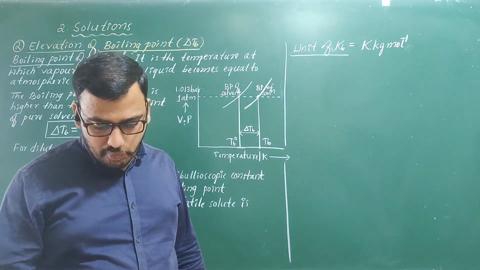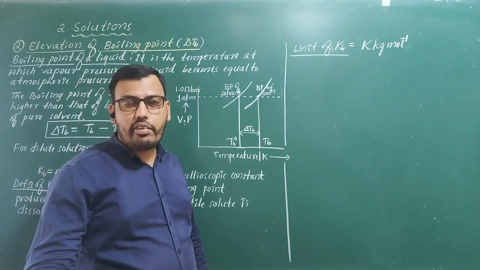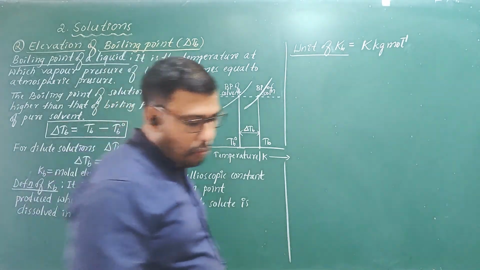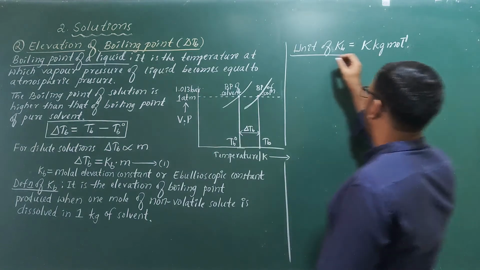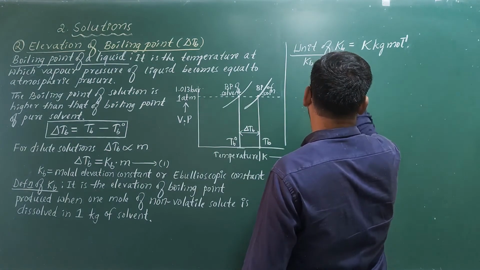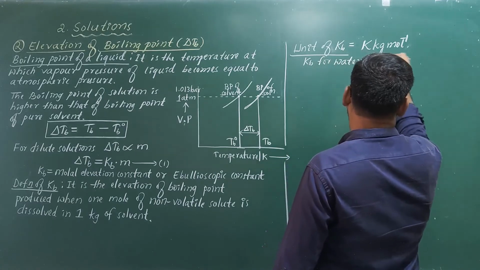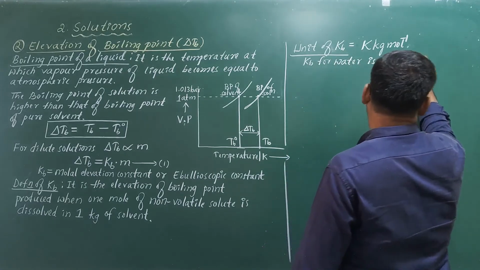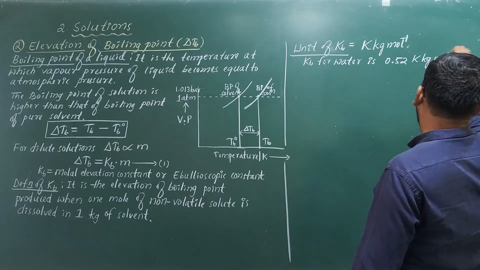And we have to remember the value of Kb for water. Sometimes it will be given, sometimes it may not be given in the problems. So Kb for water is 0.52 Kelvin kg per mole.